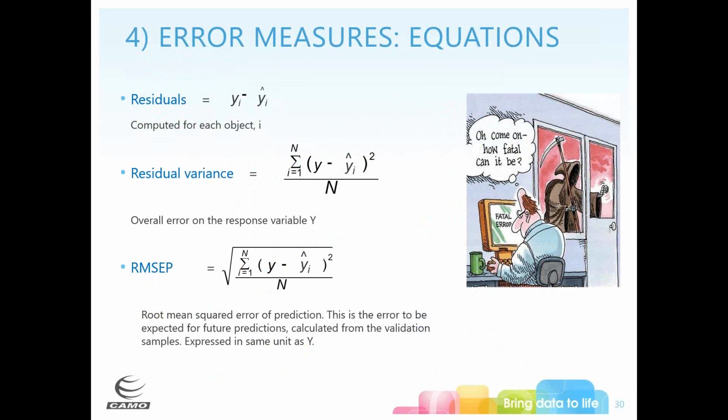If you are doing a cross-validation, your denominator is actually n-1 because you are simulating a test set, so you lose a degree of freedom. And your RMSE-C for calibration is actually n-1 minus k, where k is the number of factors you are using, because you lose more degrees of freedom for everything that you are estimating from the data. Again, these are expressed in the same unit as y. That's very important to remember.